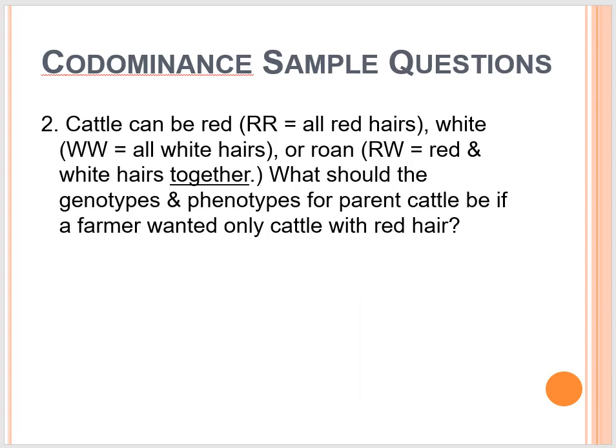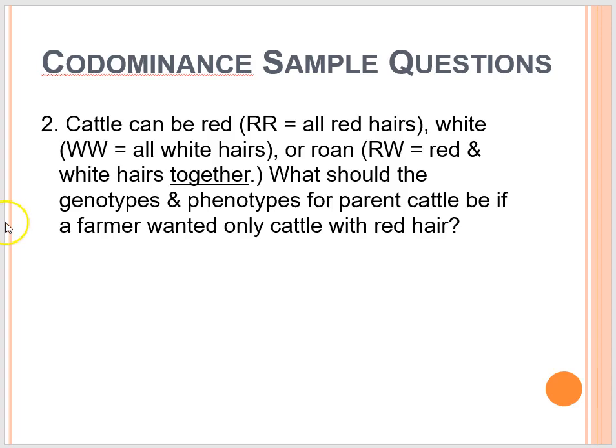Try this one. That's something totally different. We're looking at dominance. So number 2. Why is there no Punnett square for this one on your sheet? Yeah, you can do it without a Punnett square. It says, what should the genotypes and phenotypes for parent cattle be if a farmer, that should say rancher, only wants red-haired cattle?